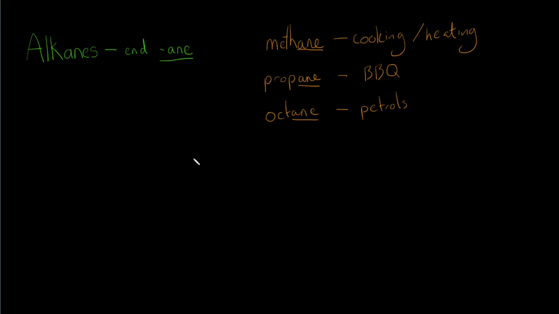Now then, let's think back to the start of the video when we talked about our definition for a homologous series. I can feel you all rolling your eyes already because I'm about to repeat it. A homologous series is a group of chemical compounds with the same general formula and similar chemical properties.